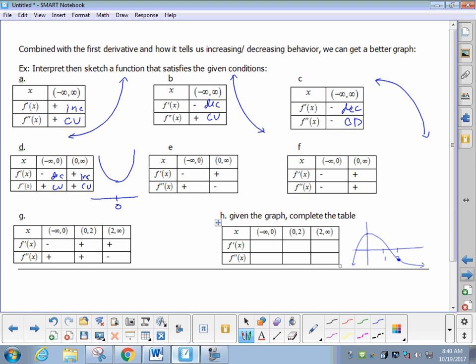Yeah? Try the next two on your own. We'll go over it together. I'll walk around. If you do that pointer, feel free to pop it open. Say, hey, is this what you have?